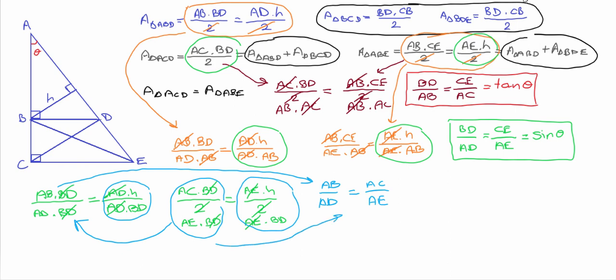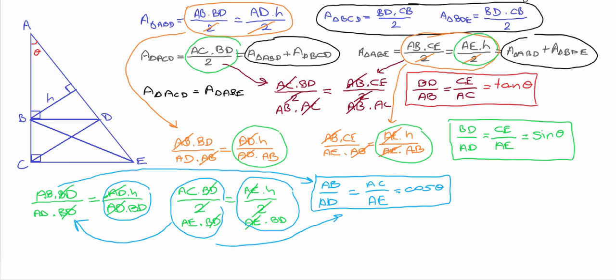From the angle theta point of view, AB divided by AD is cosine theta. Just like tangent and sine, cosine is also constant regardless of the size of the triangle that you're working in.